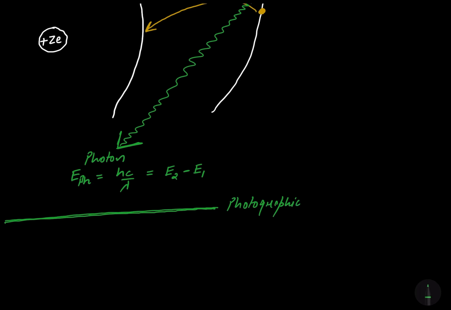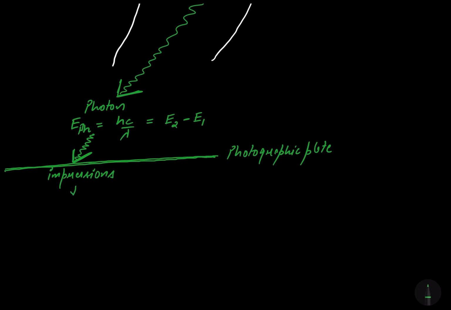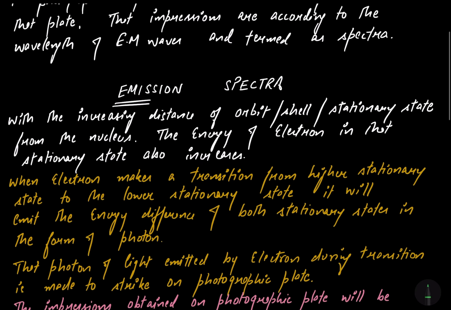When this photon strikes this photographic plate, you will have some impressions over here, and those impressions will be the bright lines against a dark background, which are termed as emission spectra. So that's all, this was my emission spectra.